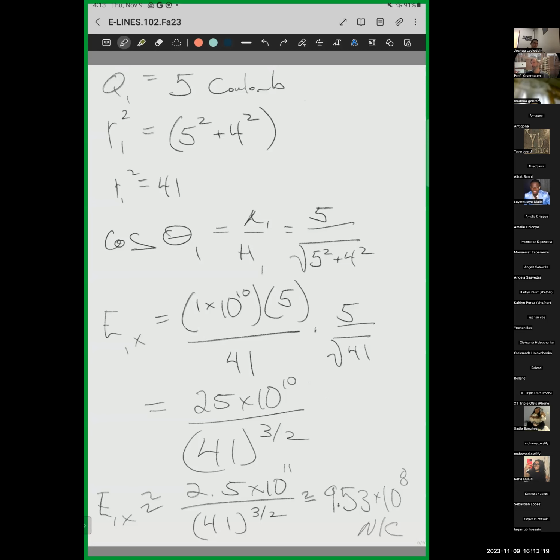This is like a math trick. I almost didn't even need to do that step, but it makes it easier for me to type this into my calculator. Square root means 1/2 power, and 41 to the first power times 41 to the 1/2 power is the same thing as 41 to the 1.5 power. And this is a good question.